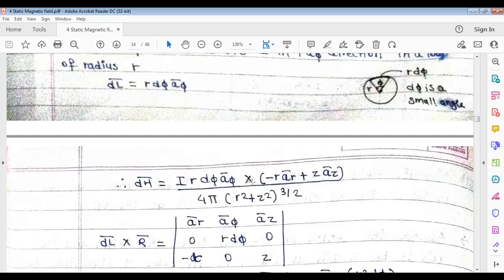Now the cross product of this a bar phi and a bar R will be there. So just tell me, what is the cross product of a bar phi and a bar R? Anyone?